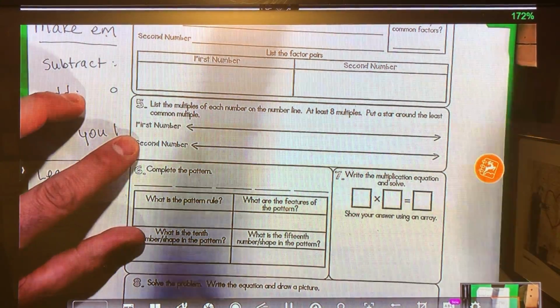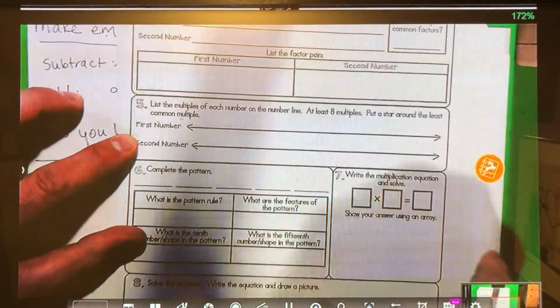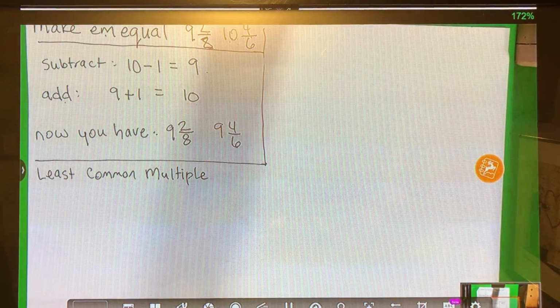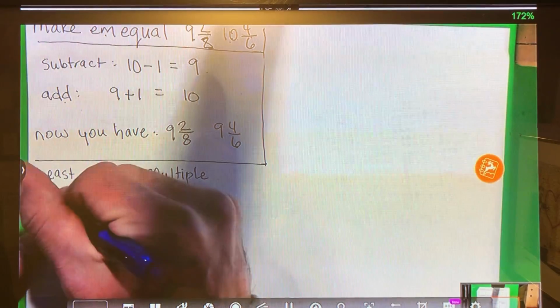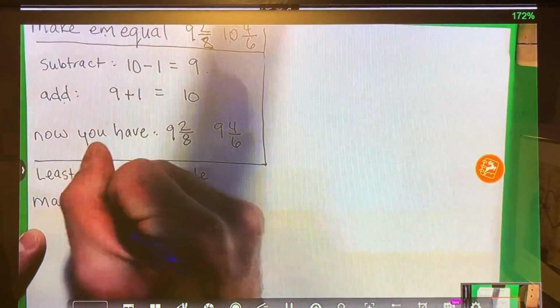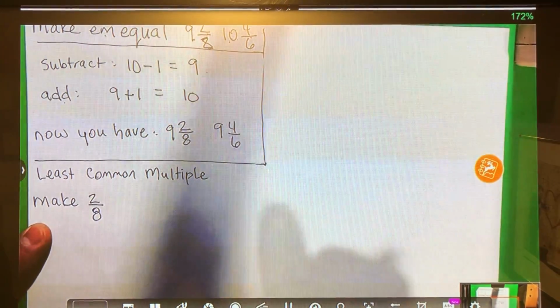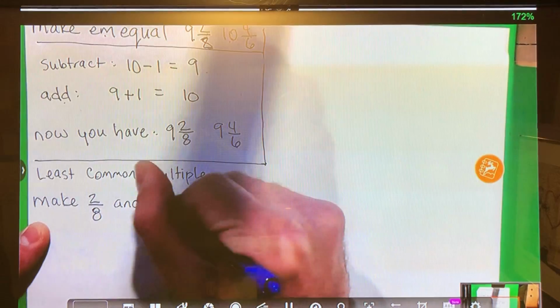Now, if that sounds familiar, it sounds familiar because that is question number 5 when it comes to mountain math, okay? Putting a star around the least common multiple. So you've already started to dive into that skill of locating the least common multiple in order to make 2/8, okay, and 4/6 equal.